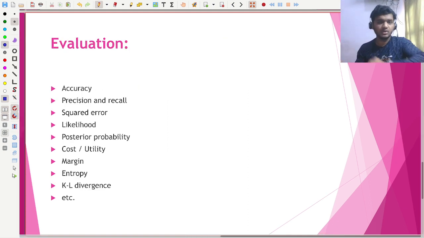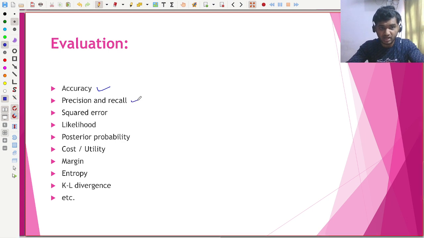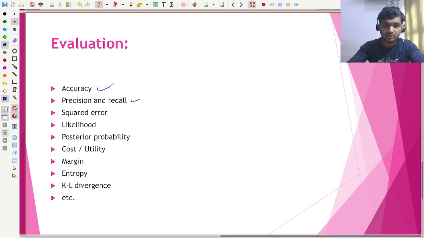We'll also cover some evaluation functions, that is accuracy, precision and recall. We'll cover every formula and how to calculate accuracy, how to calculate precision and recall, and what is the use of precision and recall. We'll cover everything without any doubt. Then squared error, likelihood, posterior probability.